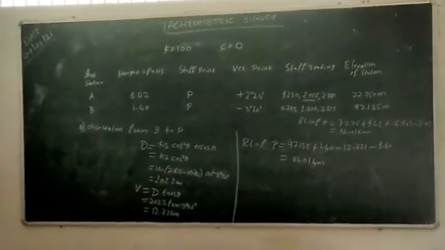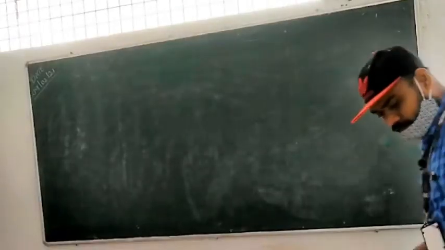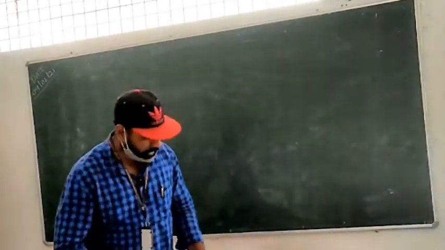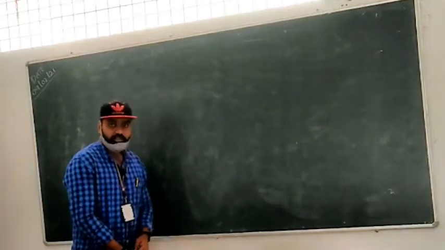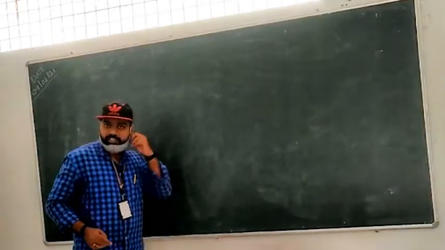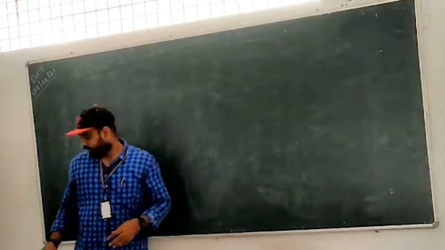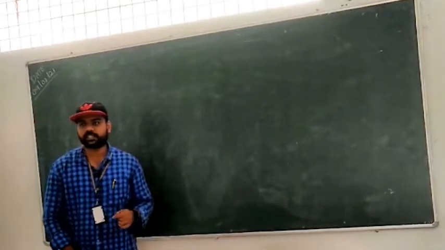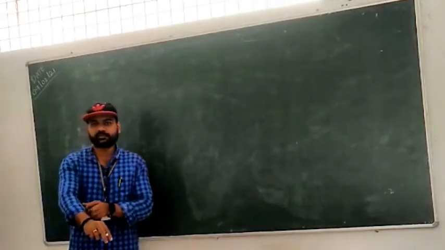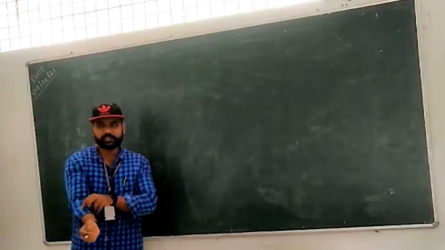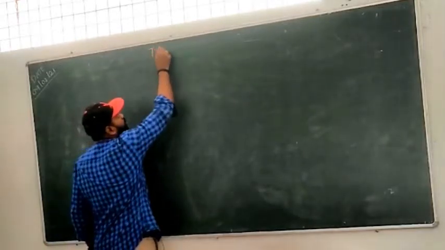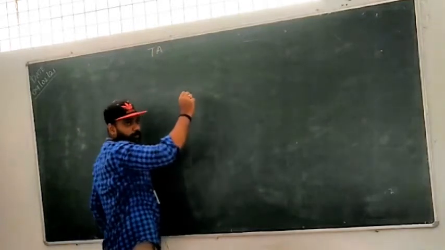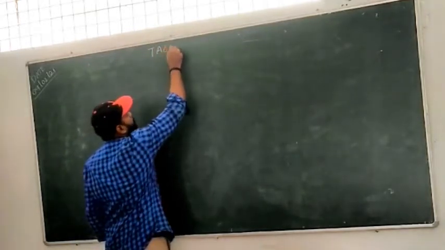In the morning first period, what I took was the tachymetric survey, that is the Stadia method, right? In the Stadia method, we solved two derivations, right? How many derivations? 2. And we have also solved 2 problems on the Stadia method, right?